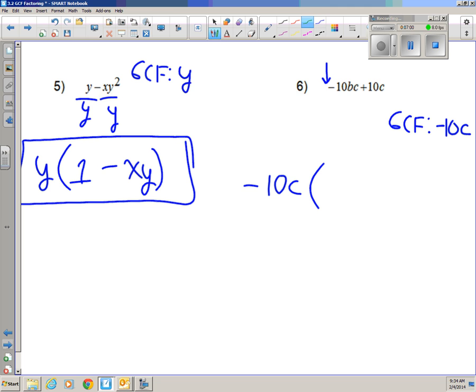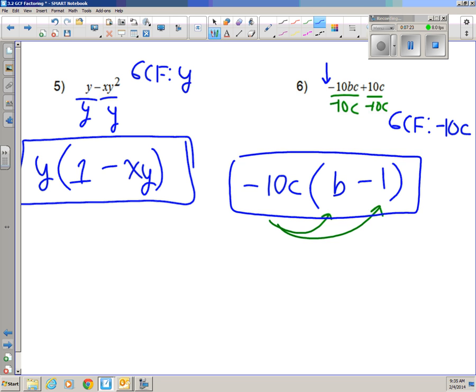If I divide this by negative 10C, what's left over is just a B. And if I divide this by negative 10C, what's left over is just a negative 1. So negative 10C times B is negative 10CB. Negative 10C times negative 1 is positive 10C. So here's the answer.